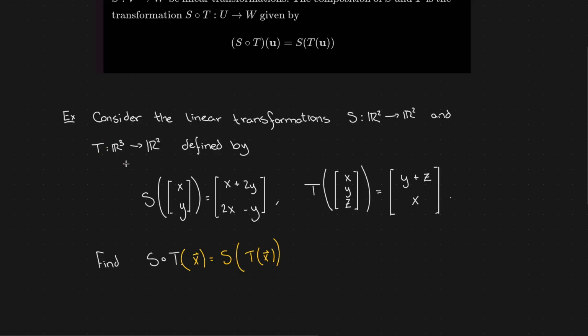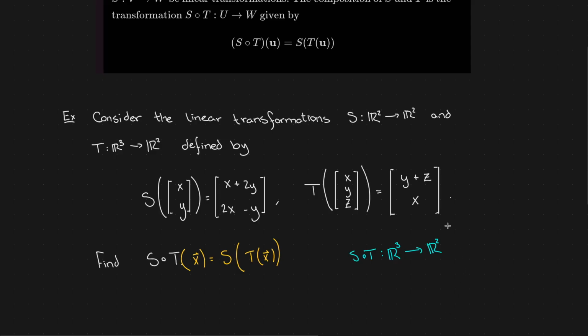When we apply transformation T, it maps the vector into R2. So now it's a two-dimensional vector. And then we plug that into transformation S, and S maps two-dimensional vectors into other two-dimensional vectors. So we start with a vector in R3, and by the time we're done applying everything, we end up with a vector in R2.